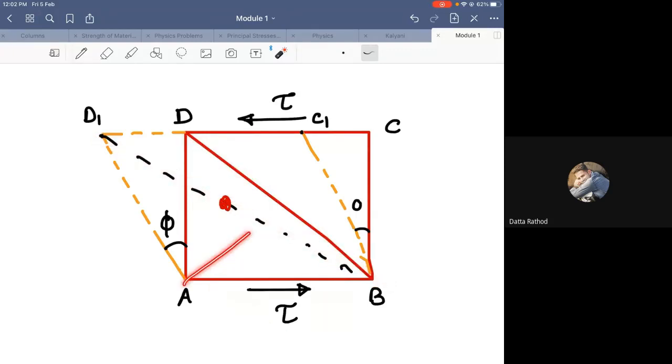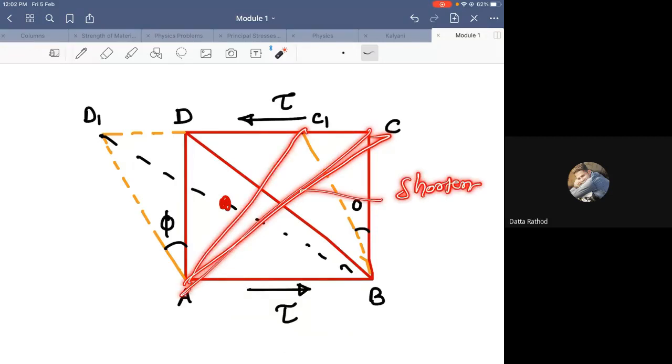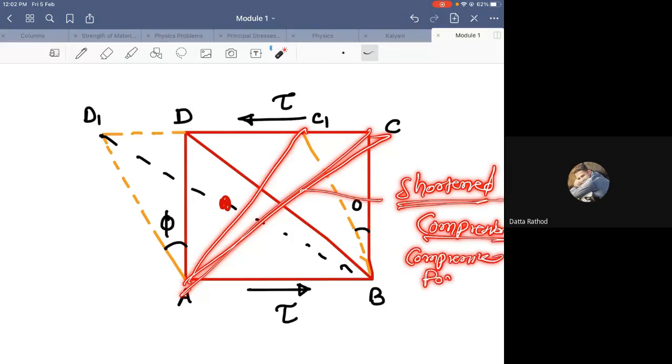And AC is now shortened. When the member gets shortened, it is subjected to compression or compressive force. So it indicates AC is subjected to compressive force and compressive stress gets induced in the member AC.